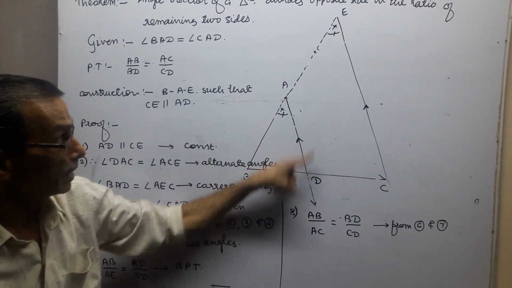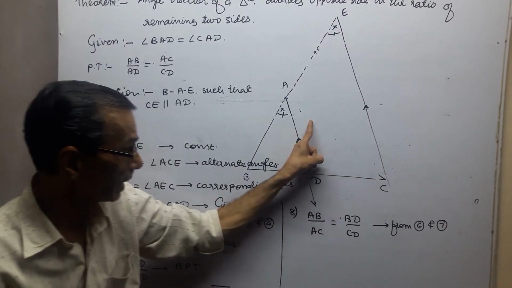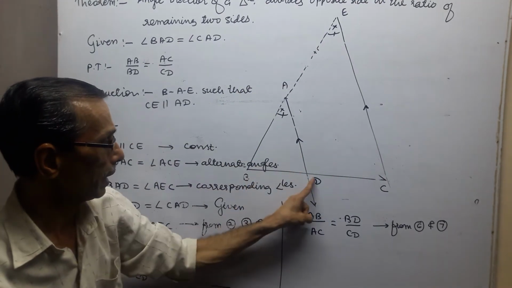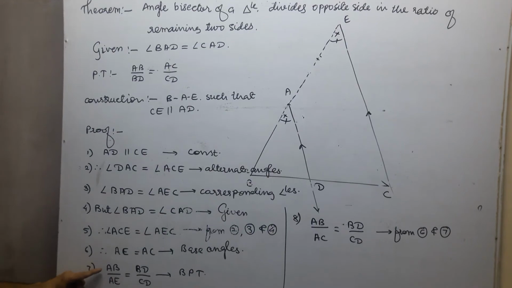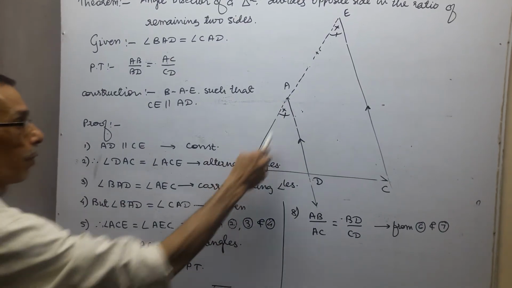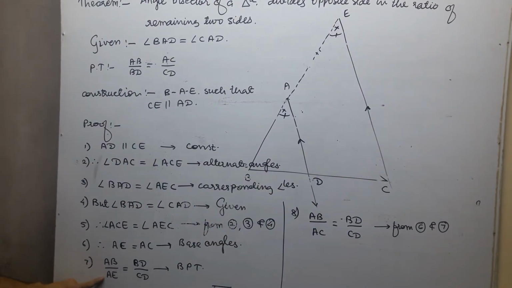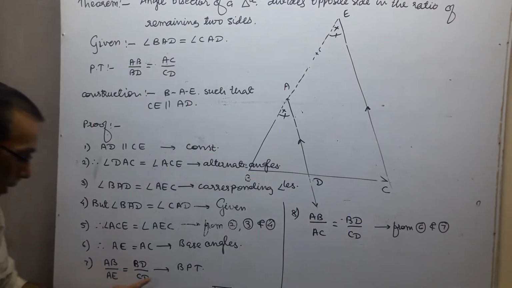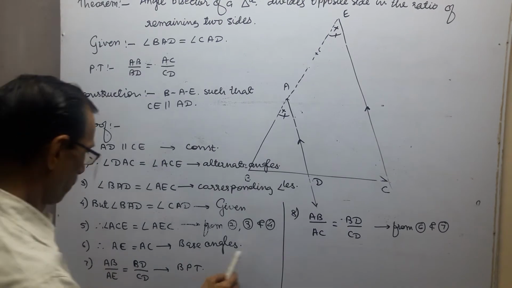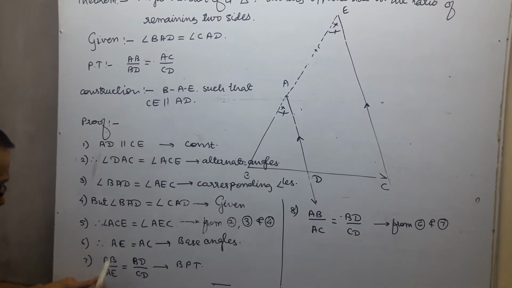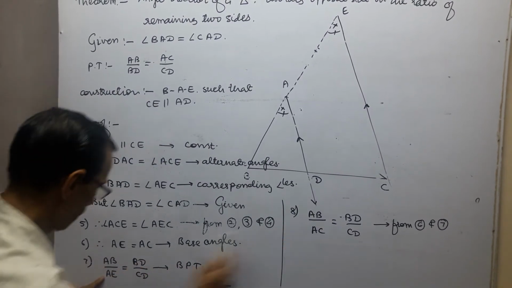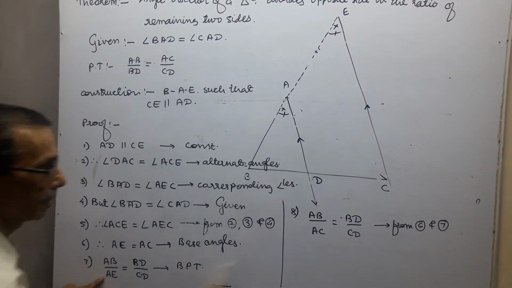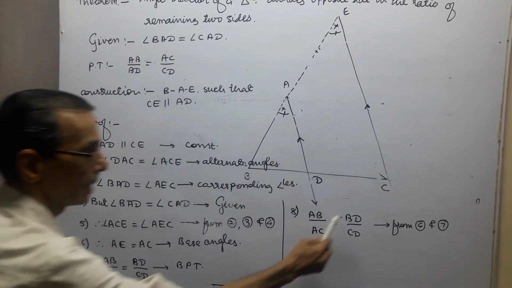So here AD is parallel to CE, and therefore AB upon AE is equal to BD upon CD. But here we know that AE is equal to AC, so in place of AE, I write AC here, and BD upon CD as it is.